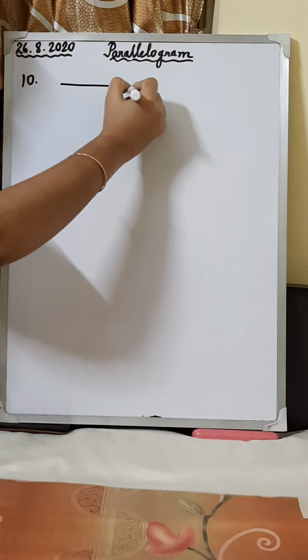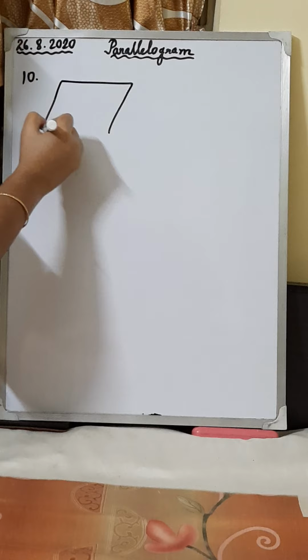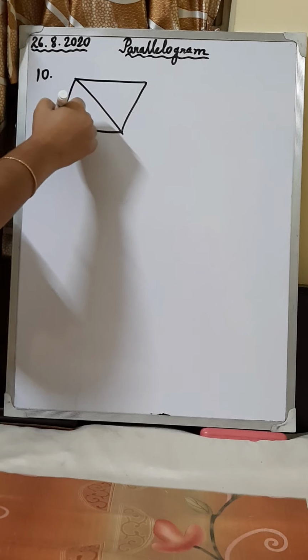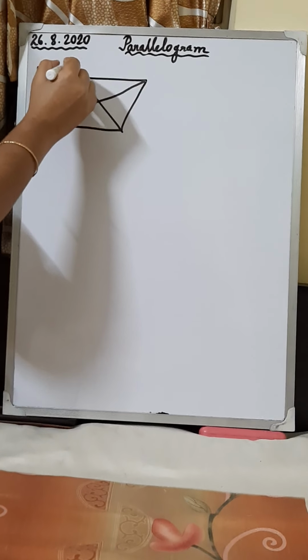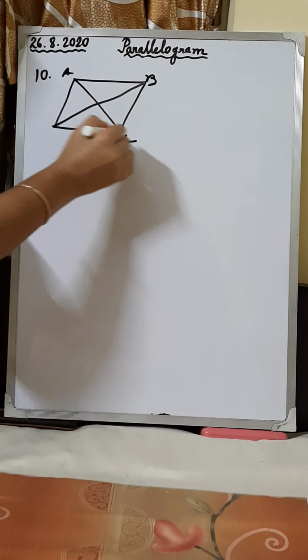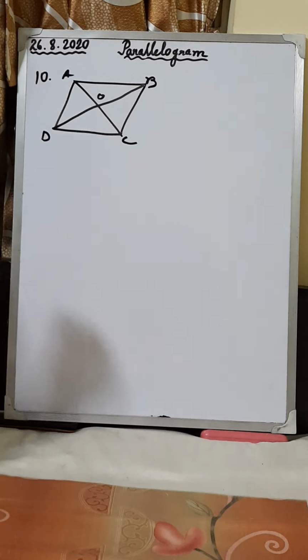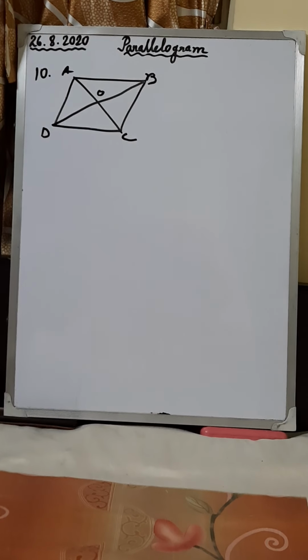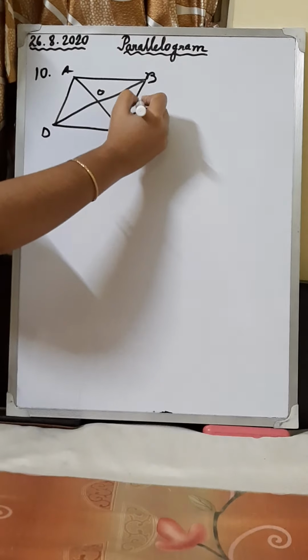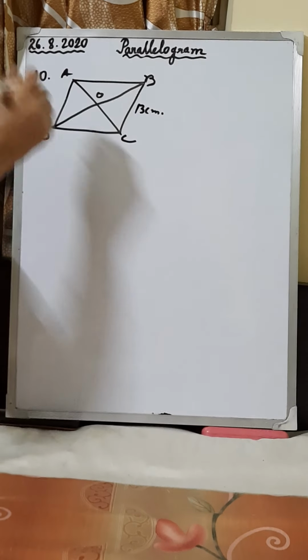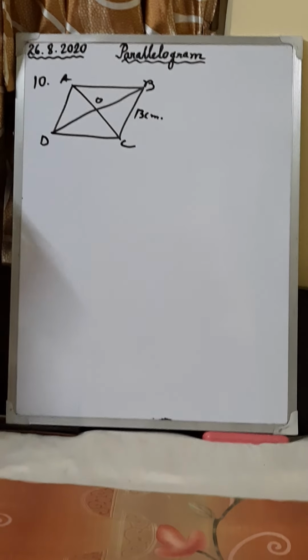So you know that a rhombus has the same length for each side but different diagonals. Right? This one is the diagonal. See A, B, C and D. Suppose this is O. So each side is the same, that is given 13 centimeter, and one diagonal is given 10 centimeter.